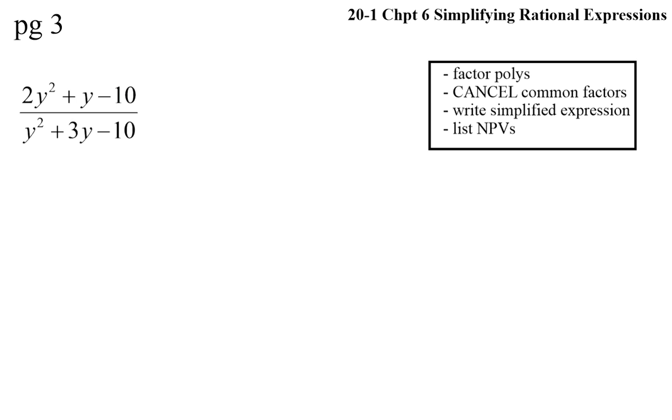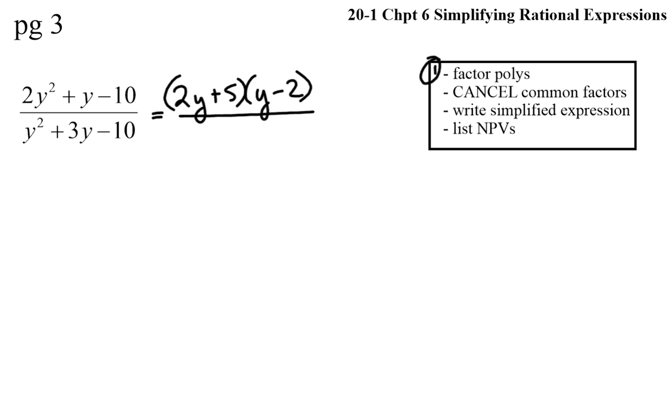Here's the second one on page 3. Well, here we go. What's the first thing? We want to factor the polynomials. Hopefully this top one actually looks familiar because it's the one we just did, so we can cheat a little bit and just list that particular one as the 2y plus 5 times the y minus 2.